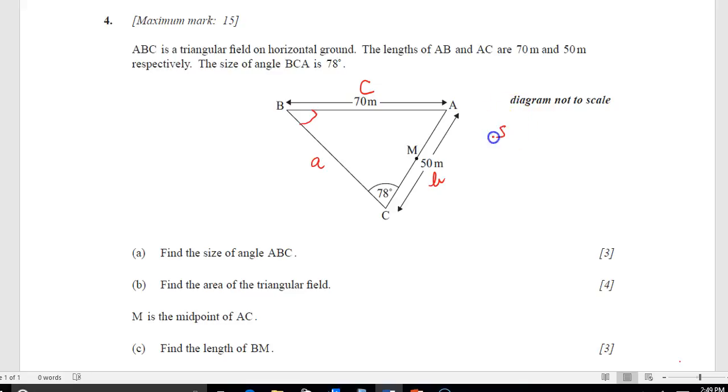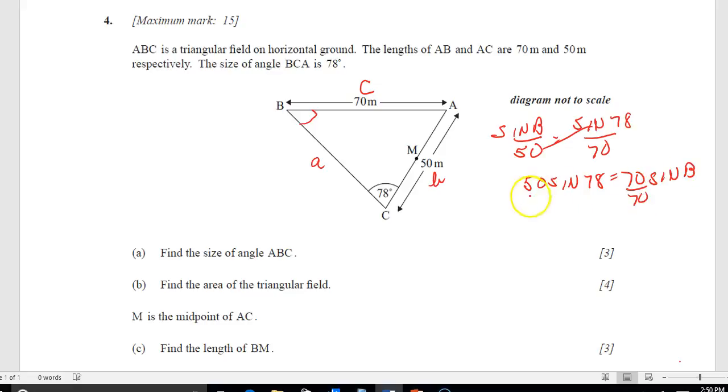So it goes like this. The sine of B over little b, which is 50, equals the sine of C, which is the sine of 78, over c, which is 70. Cross multiply, 50 sine 78 equals 70 sine B. Divide both sides by 70 to get the sine B by itself.